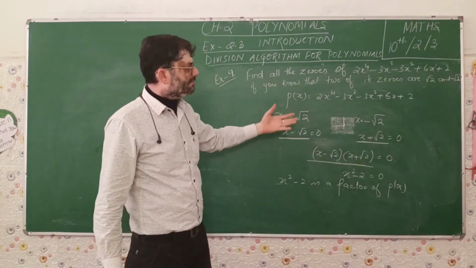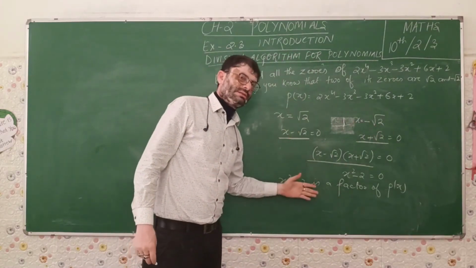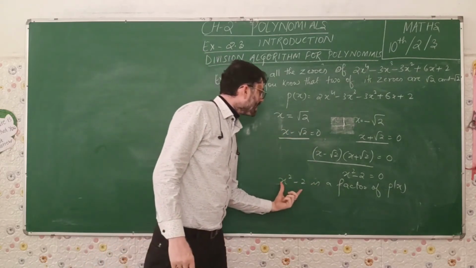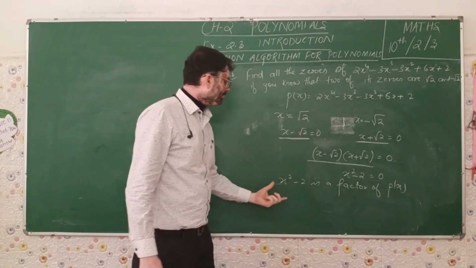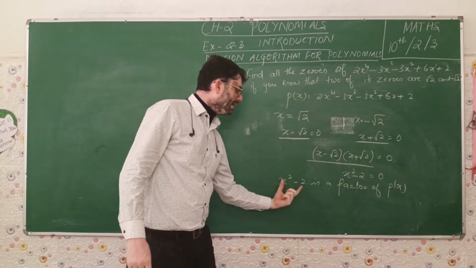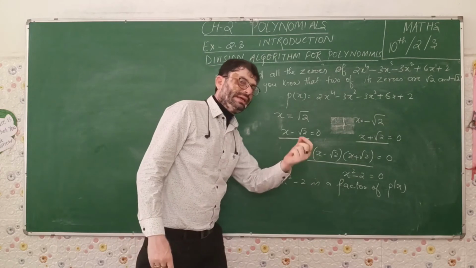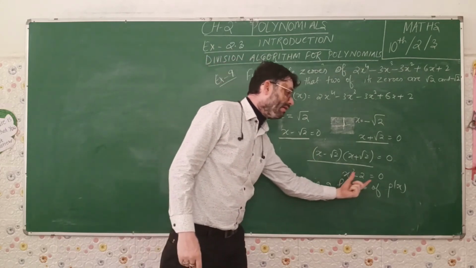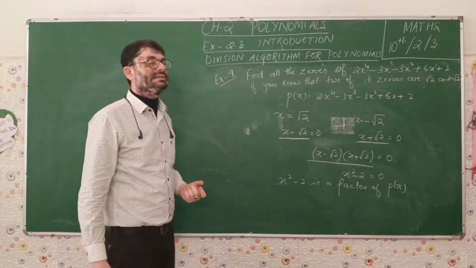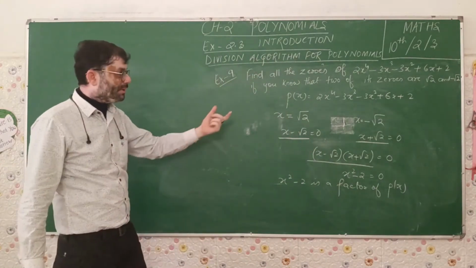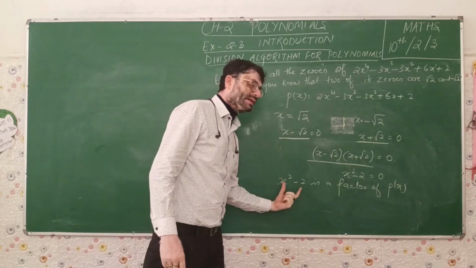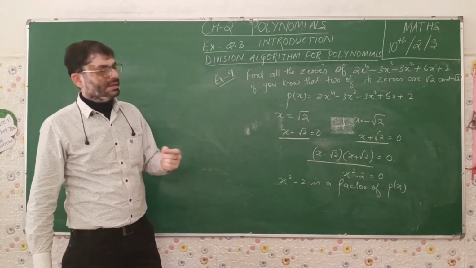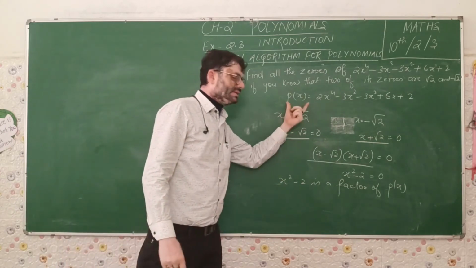This can be solved in a different method also, but let us first solve it this way, and then if we get time, we'll solve it another way also. Now, if this is a factor of p of x, it means if p of x is divided by x squared minus 2, we get some quotient, but the remainder will be 0 as this is a factor of p of x. We have learned in class 9 regarding factors that if p of x is divided by g of x and we get some quotient and the remainder is 0, then we say that g of x is a factor of p of x.